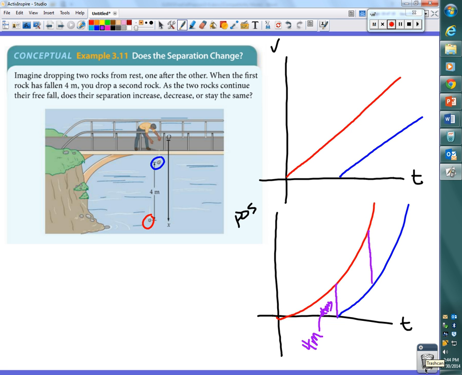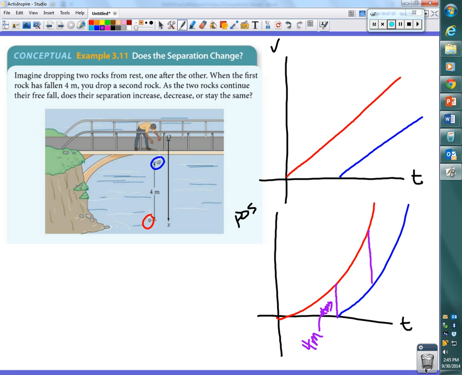While we don't know exactly how long that second purple line is, how long is it compared to the first purple line? It's longer, right? Meaning, how far apart are red and blue now? Further apart than 4 meters. Kayla, do you understand that the first purple line is 4 meters?